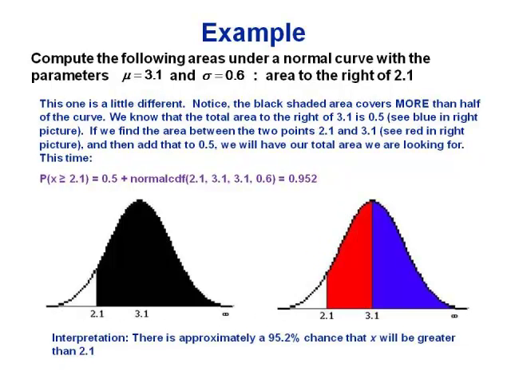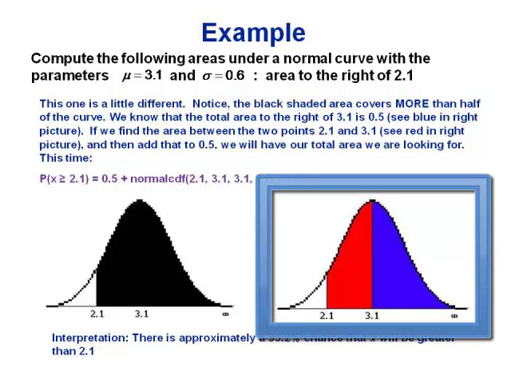What about those portions that were more than half? We started on the left of the mean and shaded all the way across it over to the right. Well, that's more than half, so I don't want to take a half and subtract something. I need to take a half and add on the extra portion that goes beyond 0.5. So if you look on the right, 0.5 would be that blue portion on the right half.